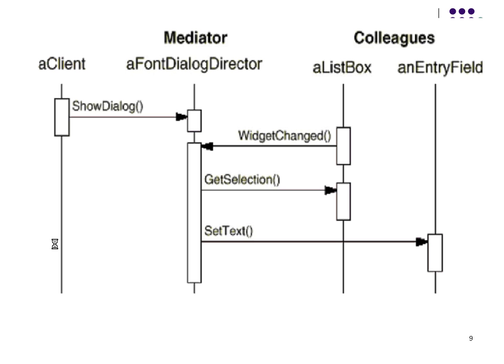And then the user goes and selects a font from this drop-down menu. And when this is done, the list box object calls the method widget change of the director object. Earlier, how would things be? When somebody selects a specific item from that drop-down menu, what would this do?